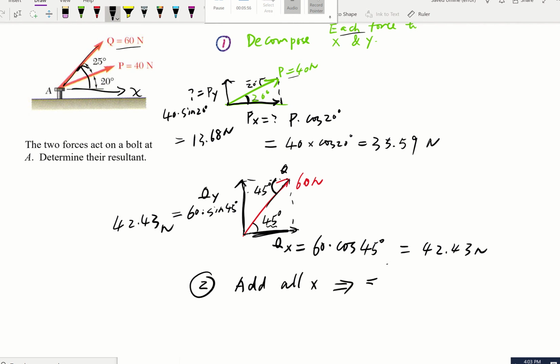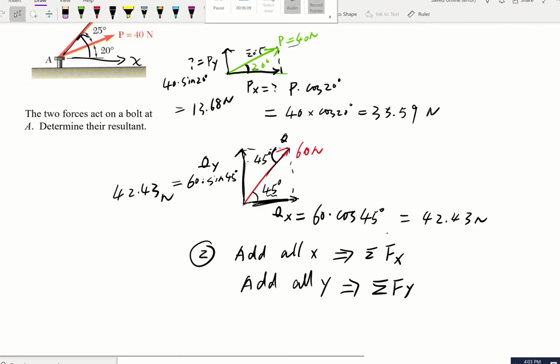That gives us the summation of all the forces in the x direction. And also we're going to add all the y together. That's going to give the summation of forces in y. Here, be aware, we're going to make sure we consider signs.